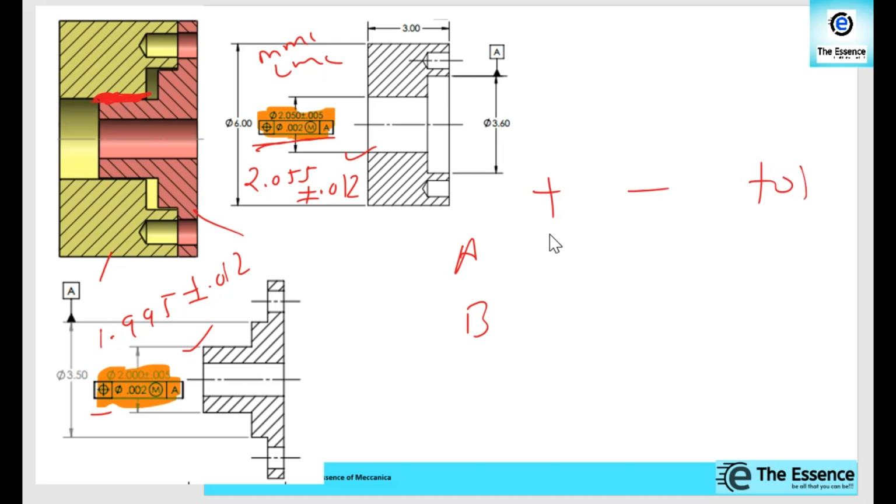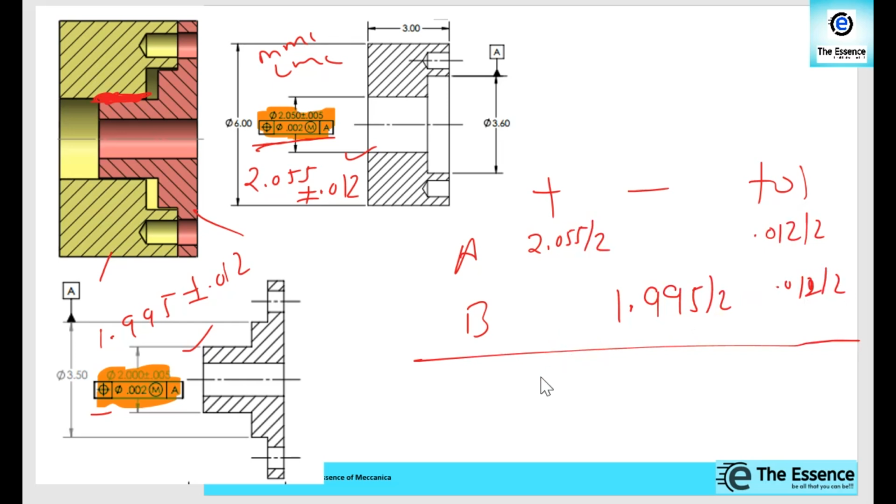So first this one, 2.055 divided by 2, and then 0.012 divided by 2. Then here the negative value will be 1.995 divided by 2, and then 0.012 divided by 2. In this way we can sum them up, that is the positive value, that is the negative value, sum them up, and sum the tolerances as well, that will be 0.012.